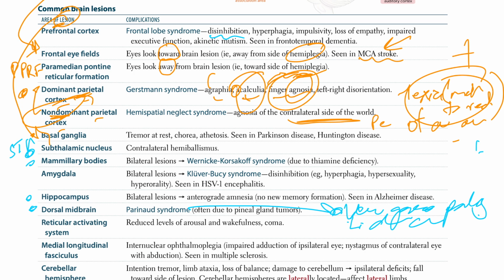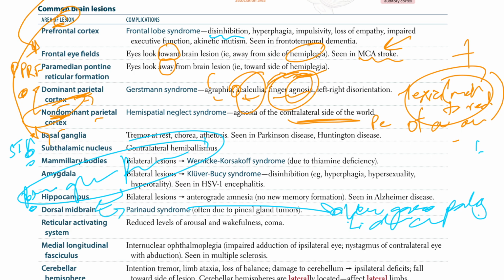But the very high yield point here is that you have something called a pineal gland mass, for example, a pinealoma, which would compress the dorsal midbrain and cause Parinaud syndrome.